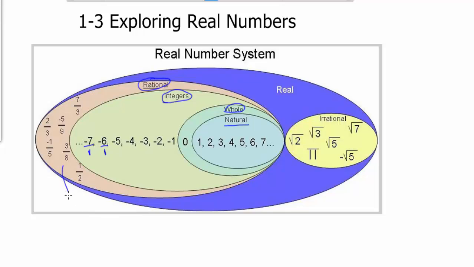Rational numbers are numbers that can be written as a fraction of two integers, but they also can be a decimal that terminates, which just means ends, or repeats a pattern.